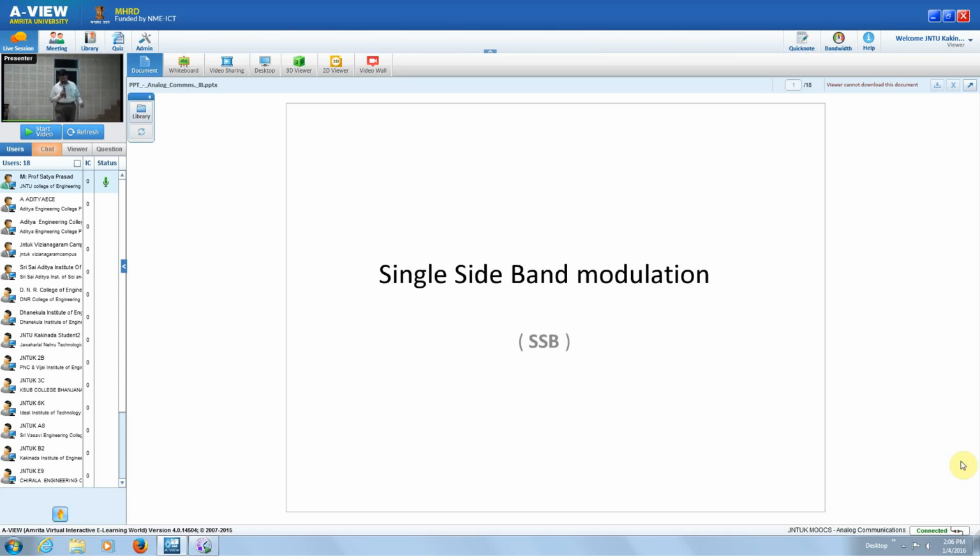So, before going to the other types of modulation, why have we gone for the DSB-SC signal compared to AM modulation, wherein the receiver is a simple diode envelope detector? A diode and a resistor-capacitor combination is enough to detect your amplitude modulated signal, but we have gone for DSB-SC signal generation.